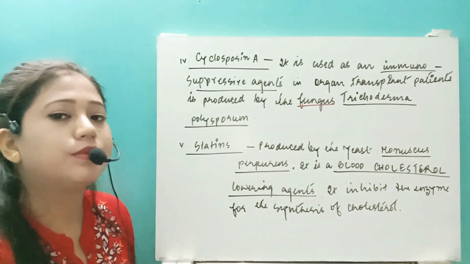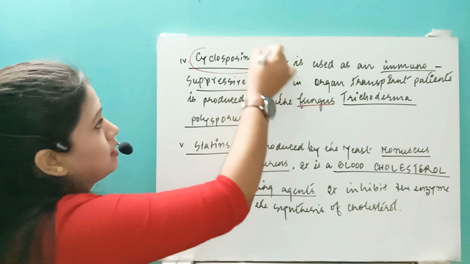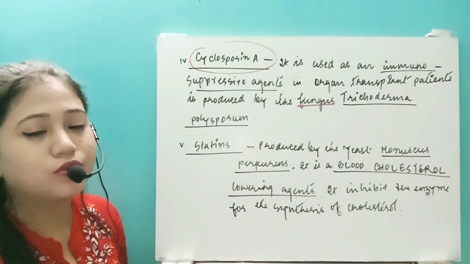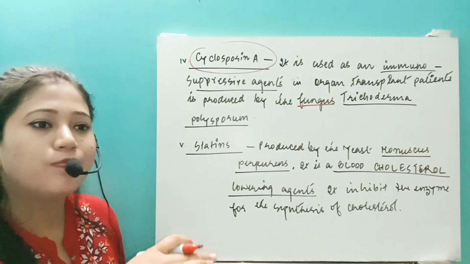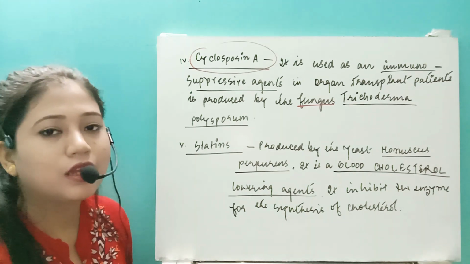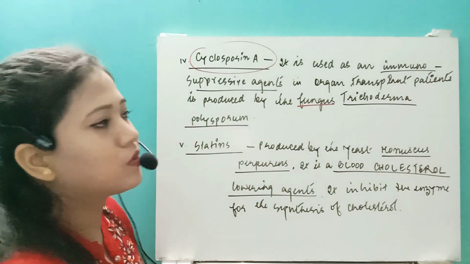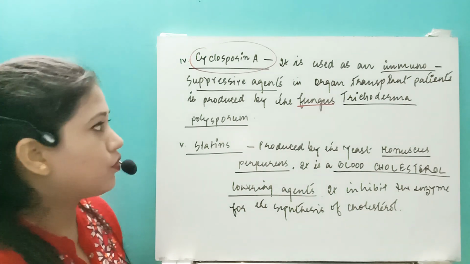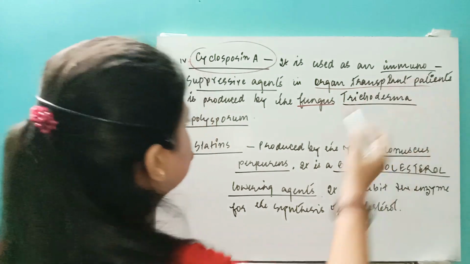It acts as an immunosuppressive agent. It deactivates the immune system for a time period so that individuals can successfully accept a transplanted organ. So it is helpful in patients who have organ transplantation.